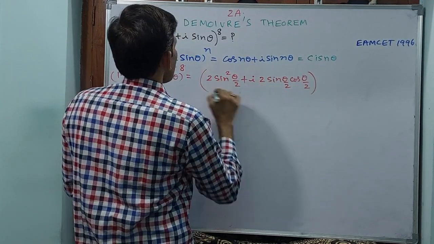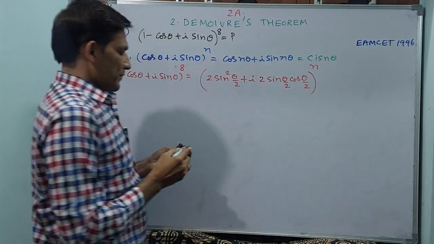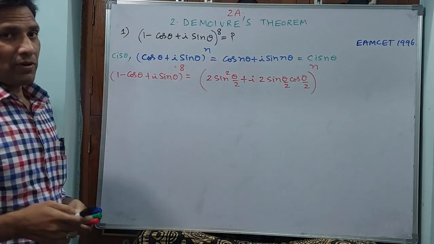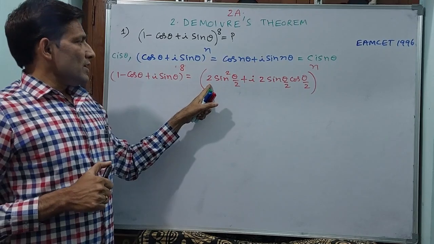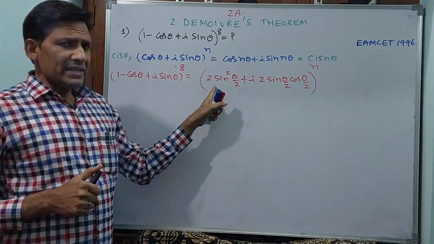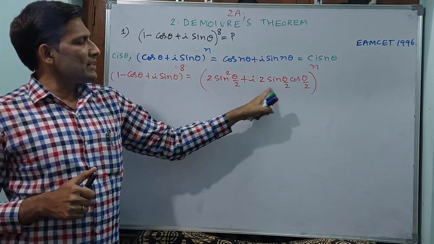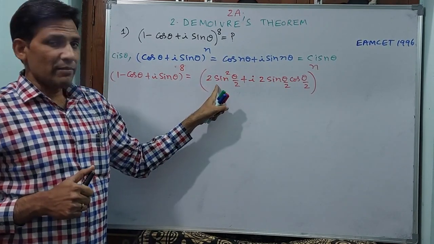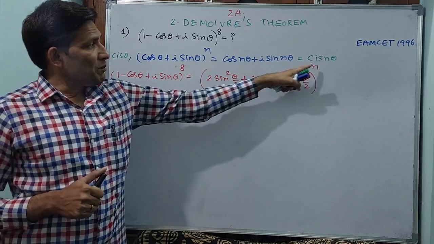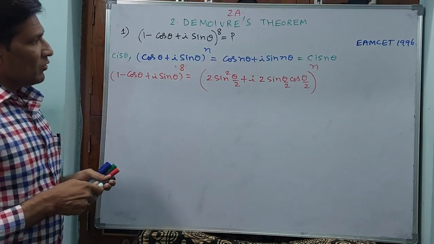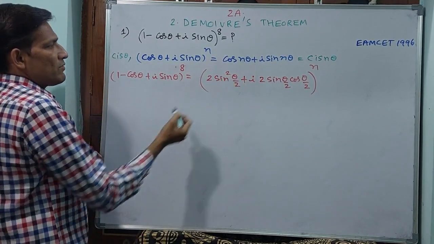Now you write whole to the power of n. Now see, directly with power n, shall I take 2 sin theta by 2? 2 sin theta by 2 is there in both terms, but with the power you have to take it, don't forget. Without the power you cannot take it. See what I am doing now.